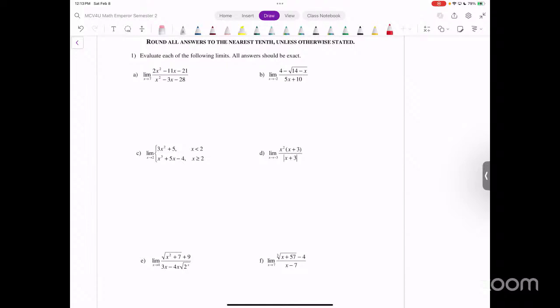Wait, so you can get an answer of 0? You can have a limit of 0. So who said that a limit cannot be 0? I'm getting confused with the 0 out of 0 thing now. The 0 out of 0 thing is not correct.